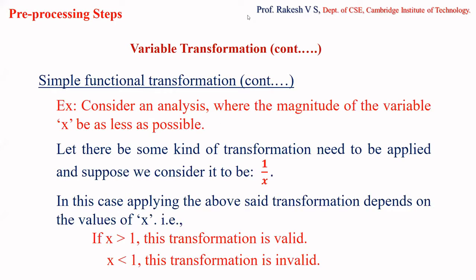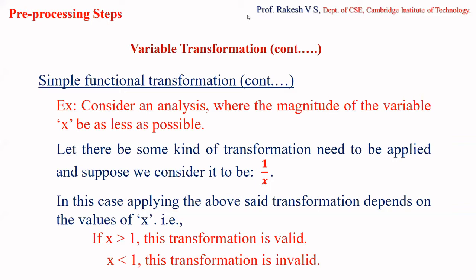Here, for the analysis purpose, say consider we want the values of x to be as small as possible. The values of x must be as small as possible. Clear? And for this purpose, say I'm applying the transformation 1 by x, so that the values of x that I have get reduced.